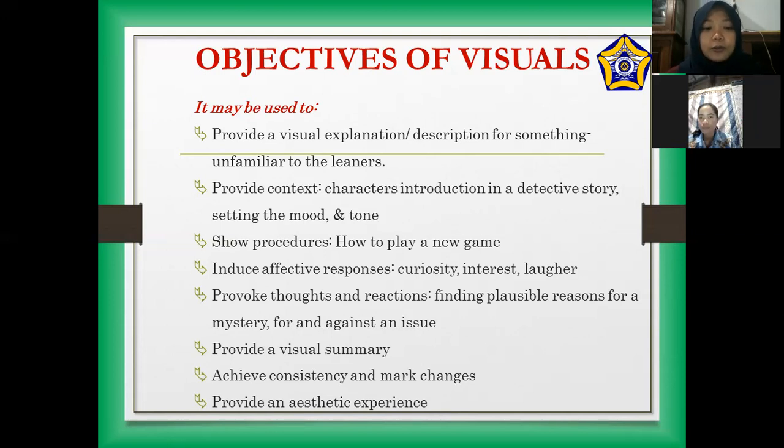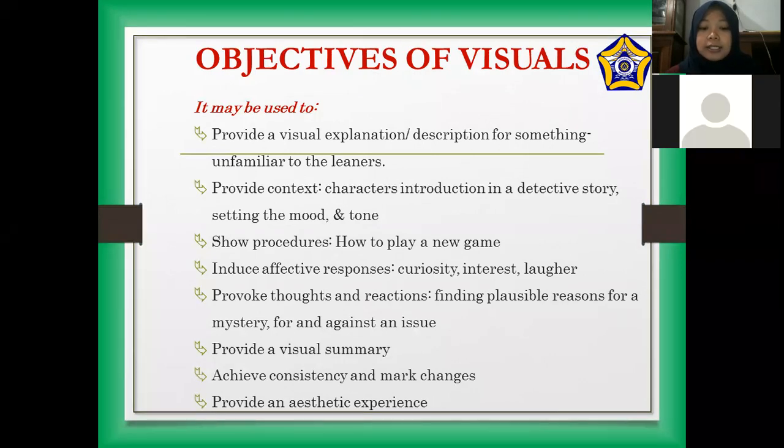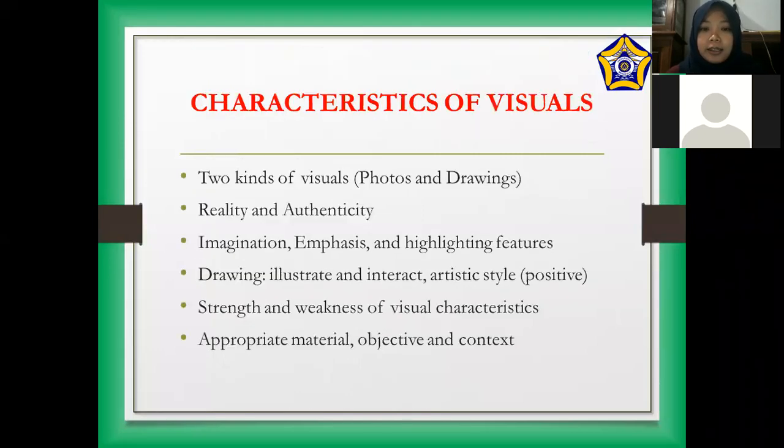And the fifth one is to provoke thoughts and reactions, such as finding plausible reasons for a mystery, for and against an issue. And the sixth one is to provide a visual summary, achieve consistency, mark a change, and also provide an aesthetic experience.